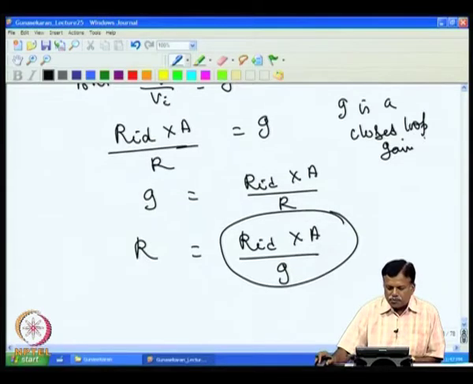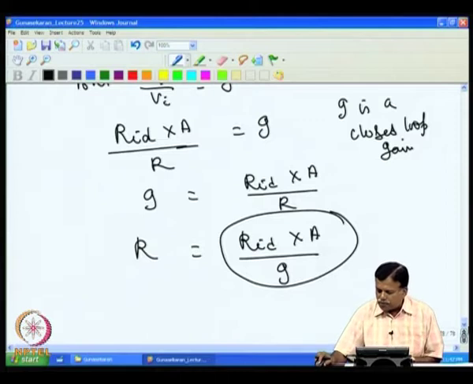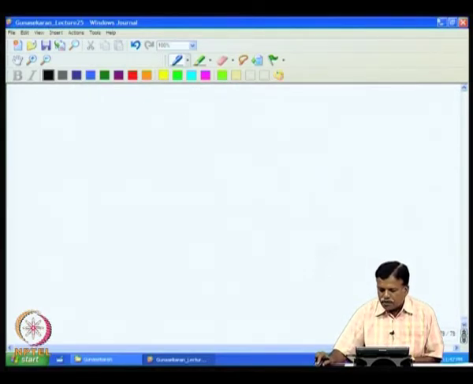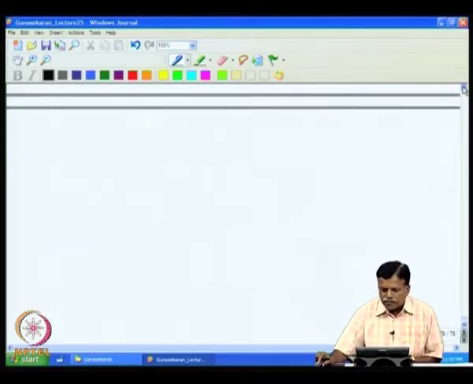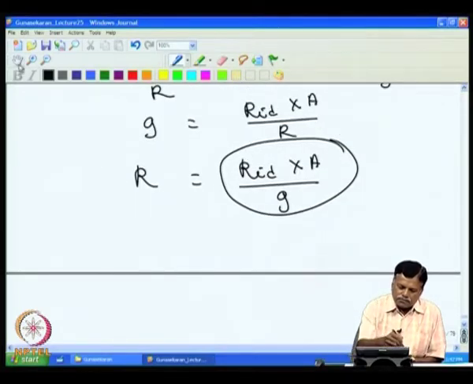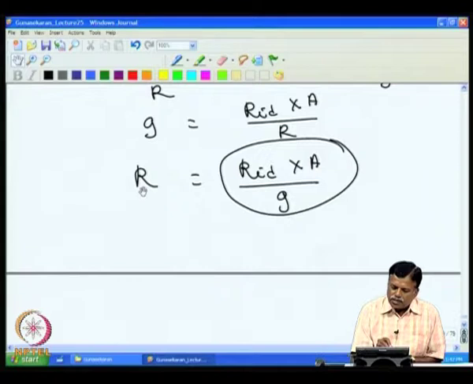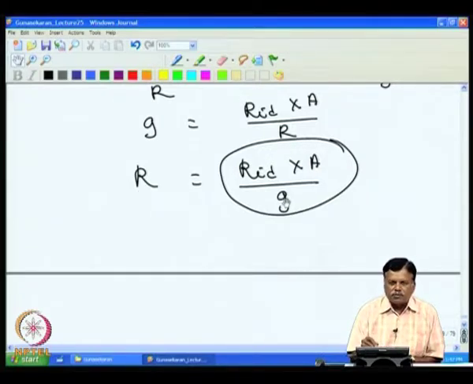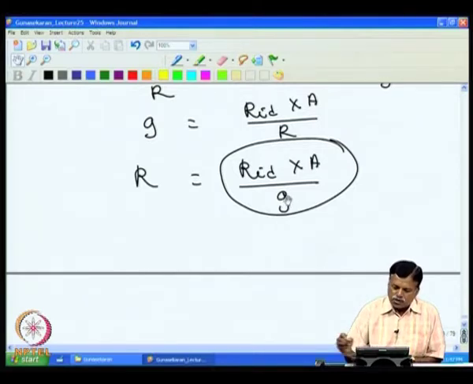That means the input resistance offered by the op amp, which is R, actually depends on the closed loop gain that we have set. For example, if I give very high gain, then my input resistance will be low.